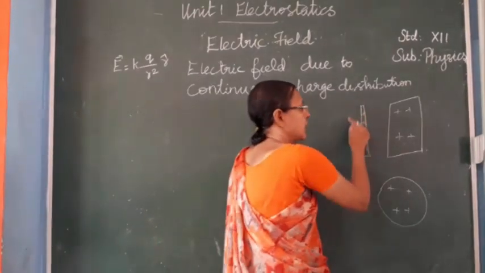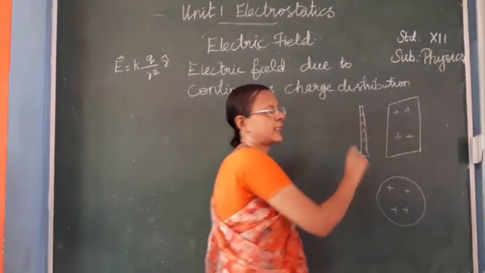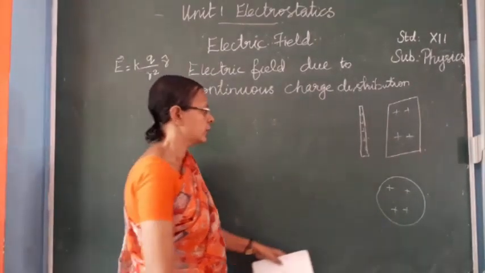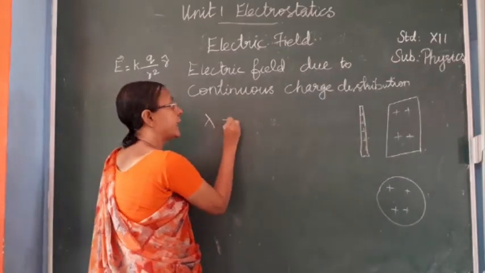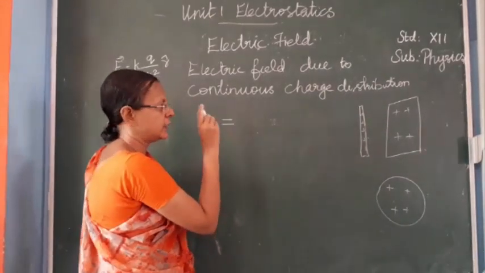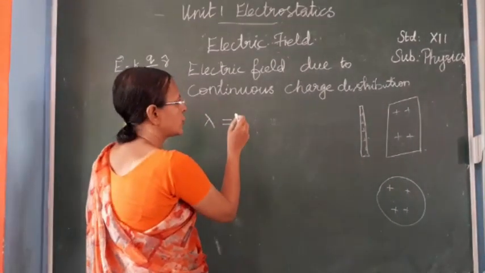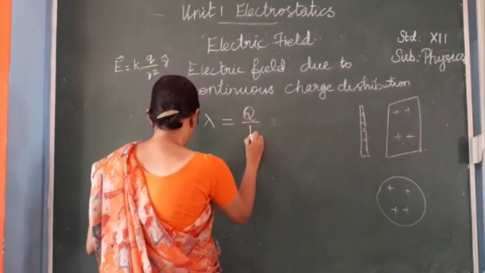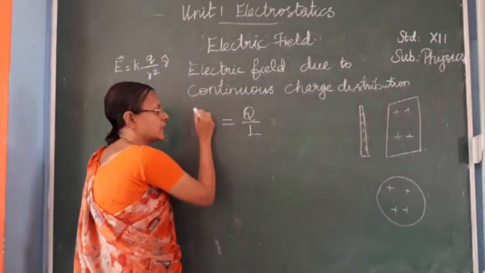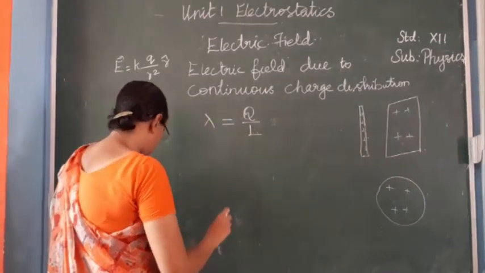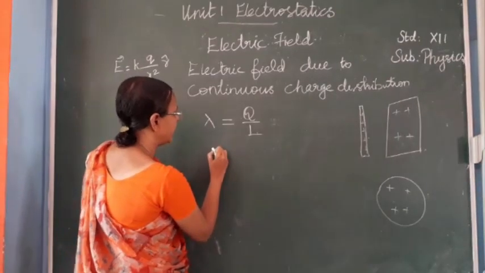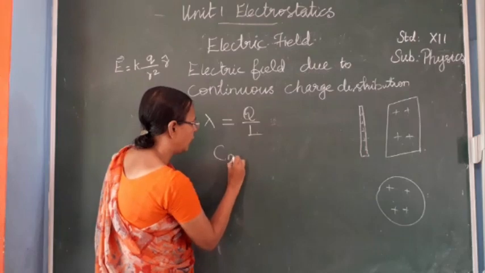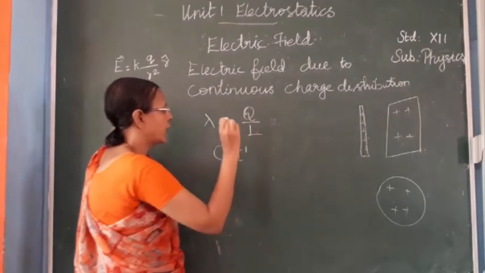The charge is distributed uniformly in this conductor. The charge Q is distributed over this length L, so lambda is the linear charge density, the charge per unit length, taken as Q divided by L. The SI unit for this is coulomb per metre, C m power minus 1.